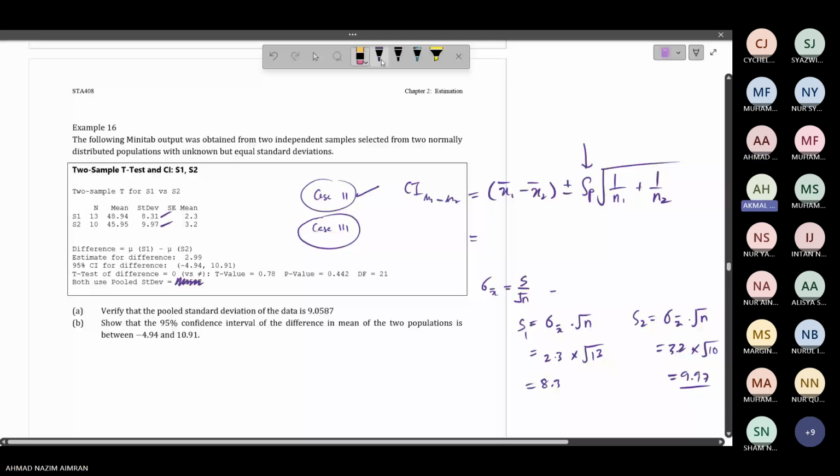8.2928. Okey. So you guna je lah 2928 sebab standard error mean ni dia bagi 1 decimal place je kan. Sebab tu kita dapat macam tu tadi.